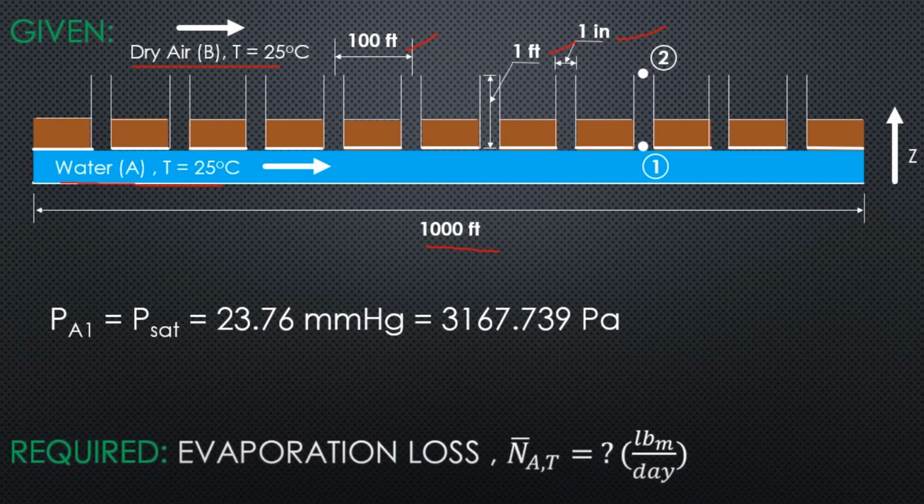We denote point 1 at the surface of the water and point 2 just outside the vent. We also assume an axis Z whose direction is given by this arrow. We are also given that the partial pressure of water at point 1 is 23.76 millimeters of mercury. We are required to find the evaporation loss of water in pound mass per day.